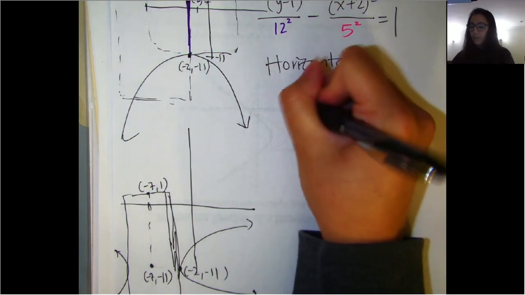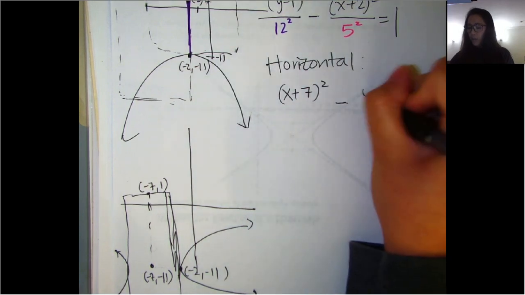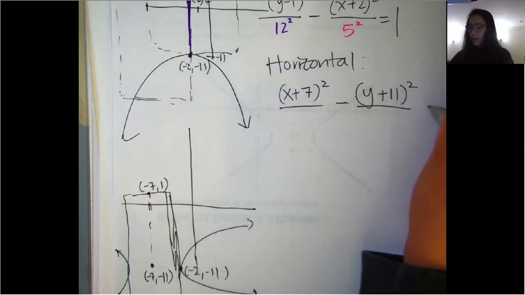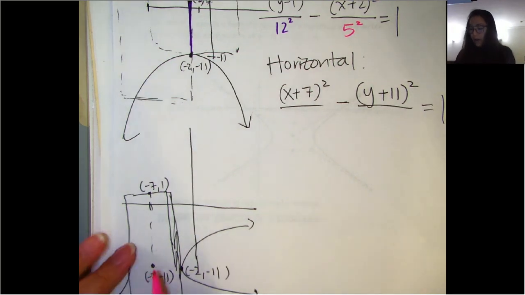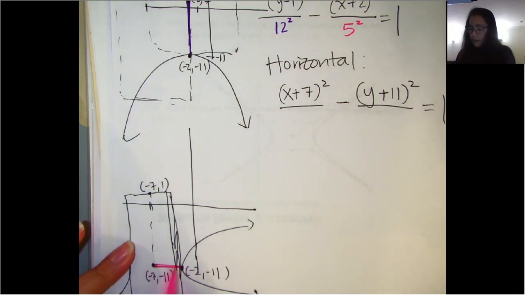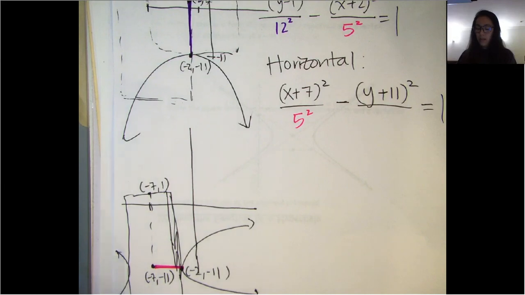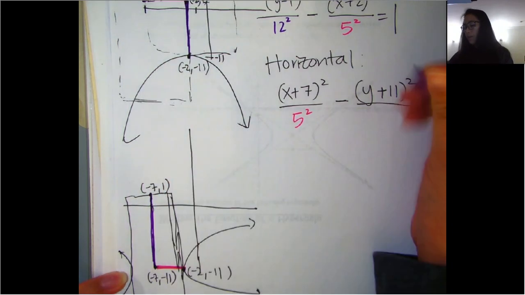So we do x plus 7 squared minus y plus 11 squared, all over, equals 1. Over the horizontal value, which is 5, we put 5 squared. Don't forget that squared. For the vertical, from -11 all the way up to 1, that's the same as before, 12 squared.